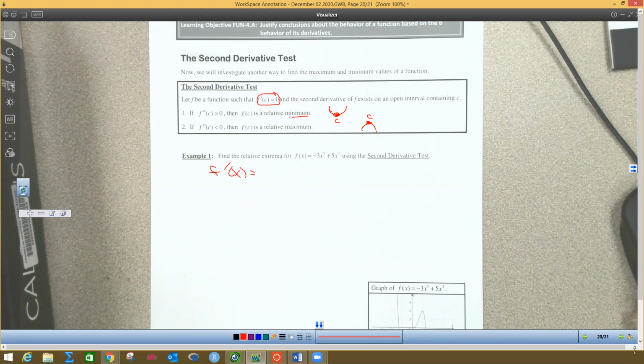Okay, so it says negative 3x to the fifth. So the first derivative is negative 15x to the fourth, and 5x cubed would be plus 15x squared. So to get the critical numbers, we're going to set this equal to 0.